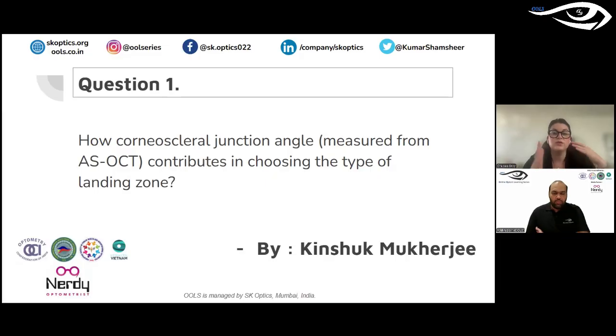So I will tend to use scleral profilometry more in those cases to align as well as I can initially.